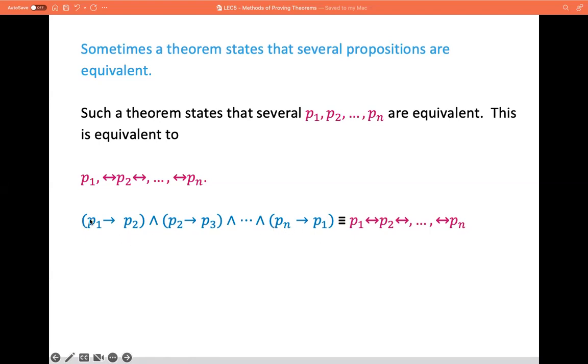Because if P sub 1 implies P sub 2 and P sub 2 implies P sub 3, then it also follows that P sub 1 implies P sub 3.